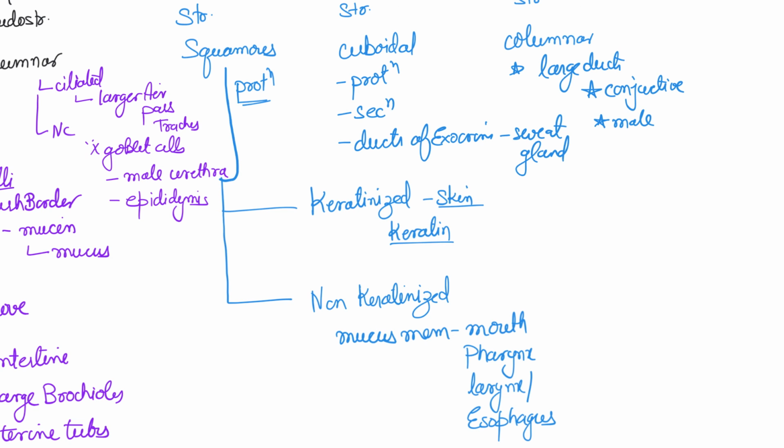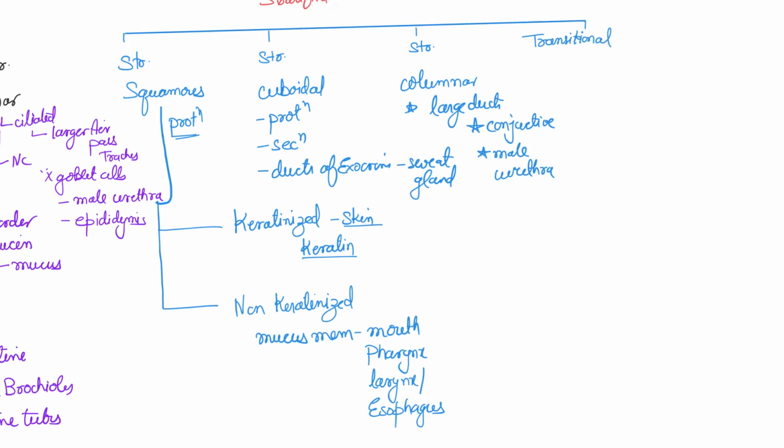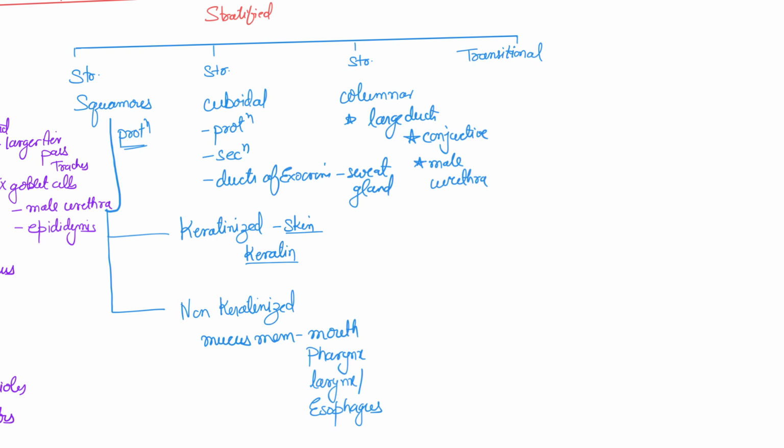But I think remembering large ducts is sufficient. Finally, transitional epithelium, which we have already talked about, the whole function is that it allows for adjusted storage in the urinary bladder because it can change shape.